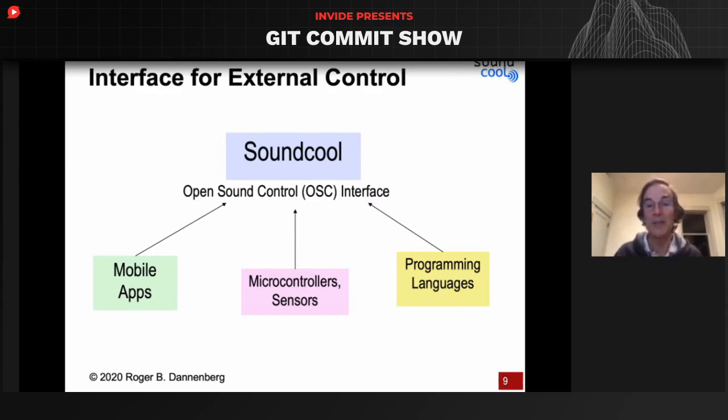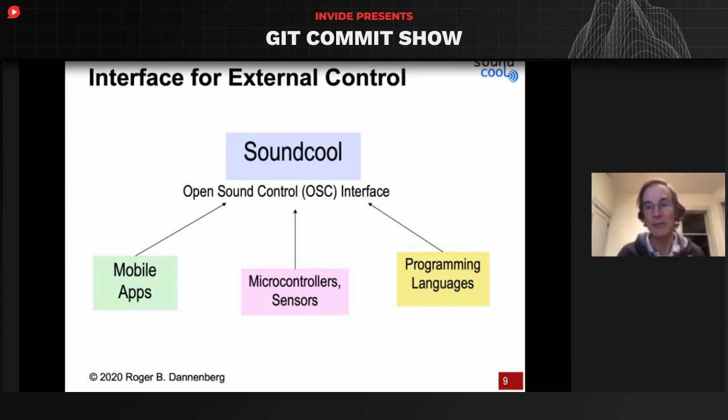So mobile apps. The second thing is microcontrollers and sensors. So, for example, the sword that you might have heard in the opera had one of these little sensors buried in it. This is a computer with Wi-Fi, battery, gyros, and Open Sound Control all in one little unit, and it allowed us to do real-time control from the stage.